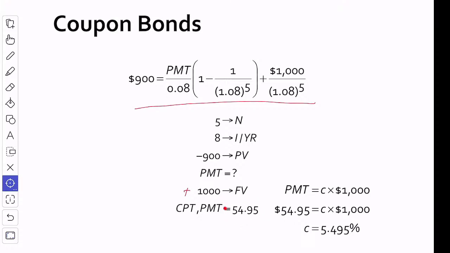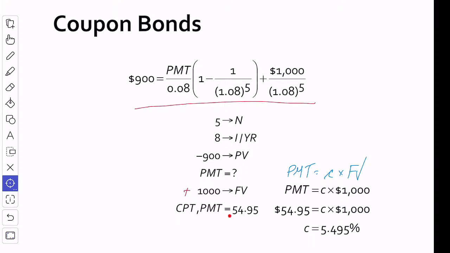You're not finished yet. That just gives you the payment. Where does the payment come from? The payment comes from a calculation of C times FV. So we know FV, we know the payment, so we can solve for C. This is the rate here. You just have to take that extra step to find the percentage.